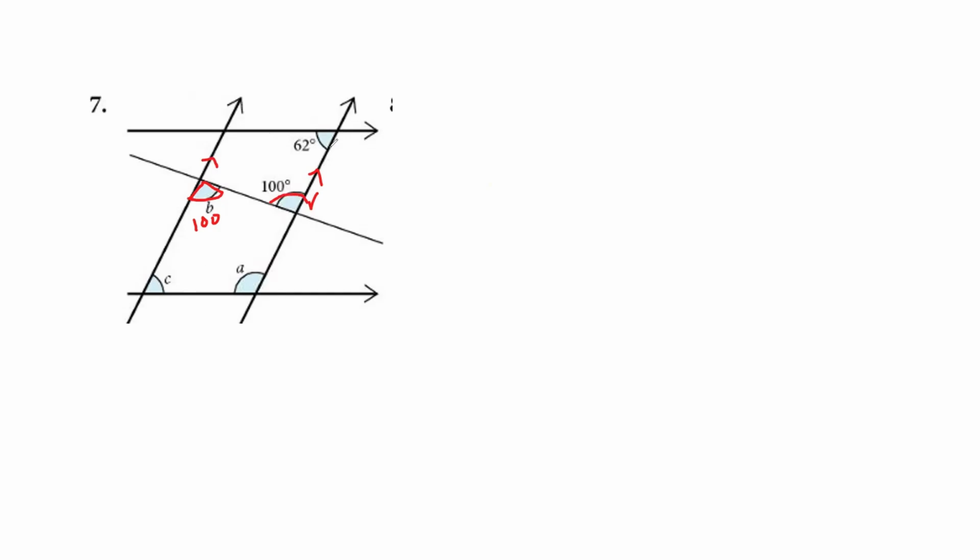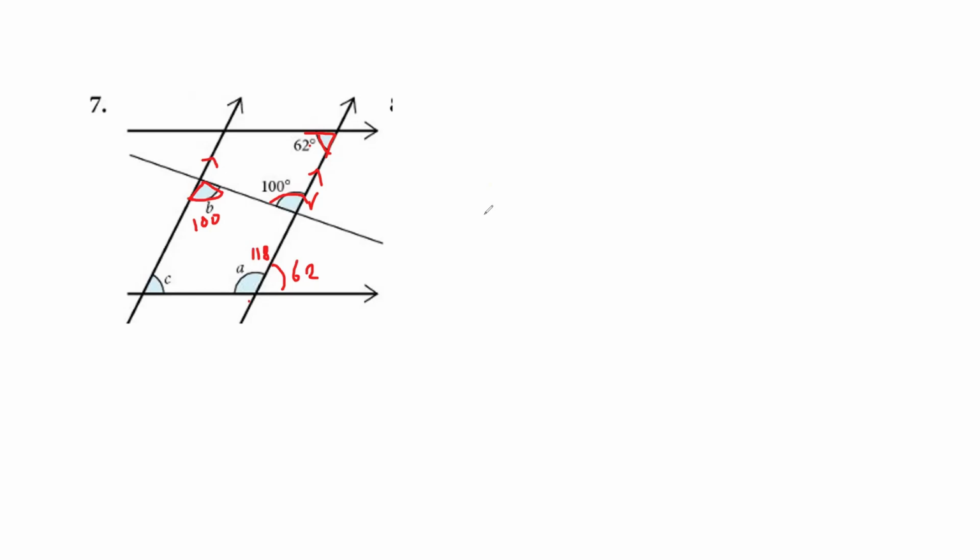And this is 62, which means this one and this one are alternate. Now you can find A by subtracting from 180, because these two make supplementary angles.